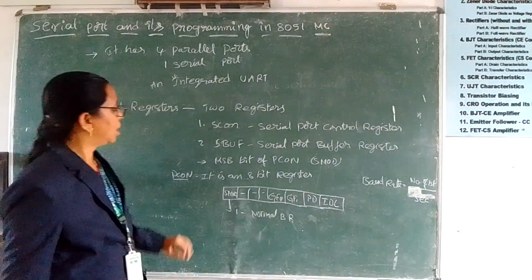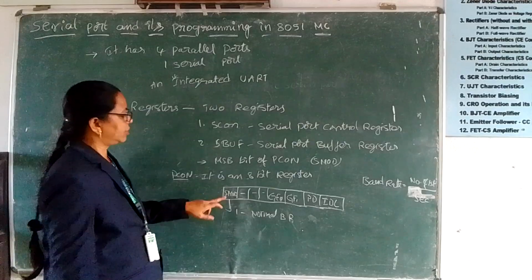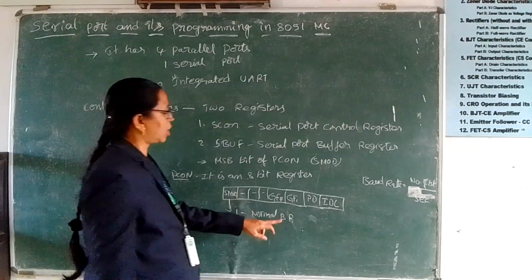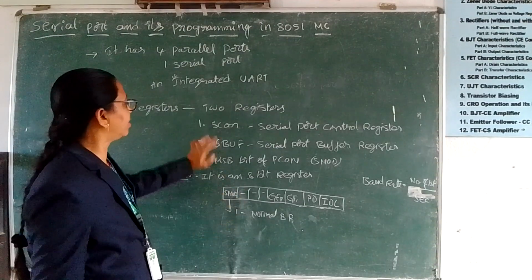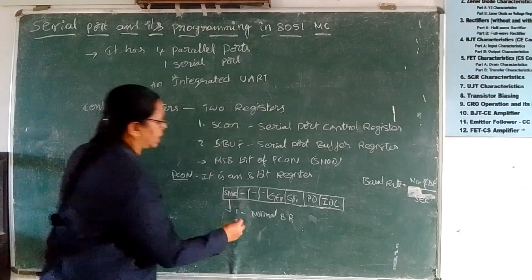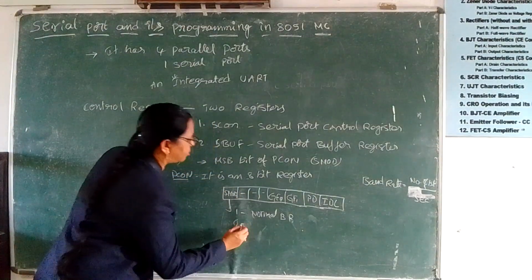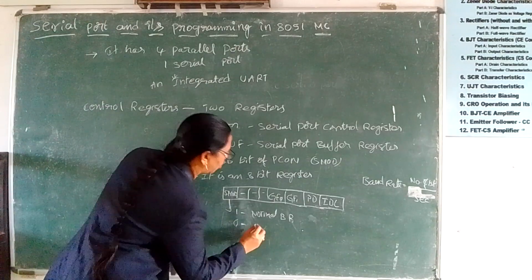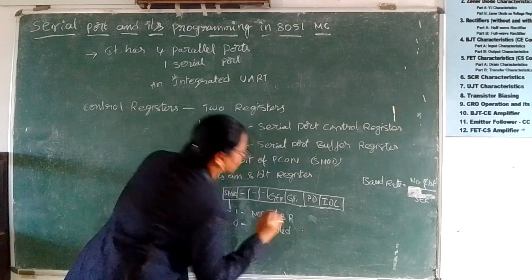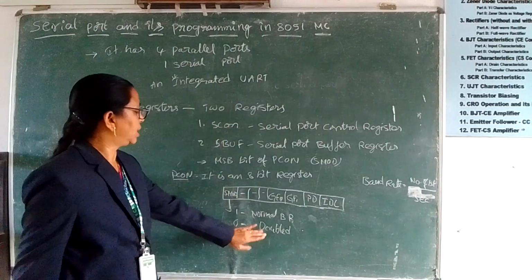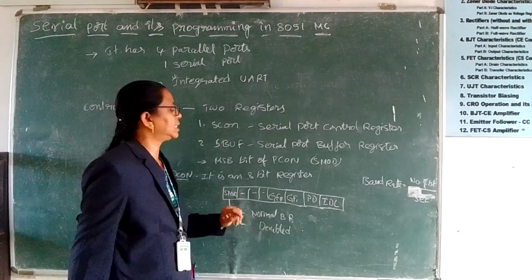If this bit is 0, the baud rate is normal, set by the TCON register, which will be explained later. If it is 1, the baud rate is double.